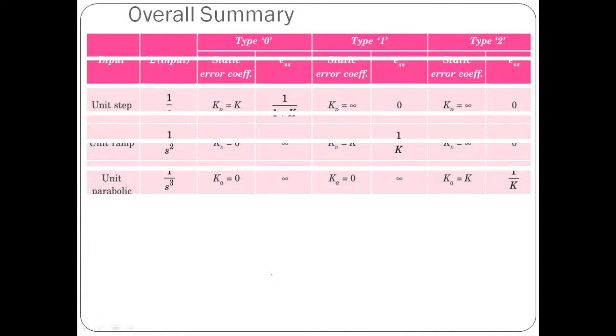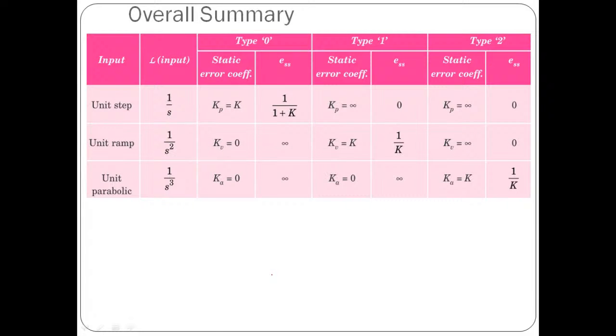So finally, what we conclude is mentioned in this table. This is very important. Whatever cases we have discussed so far are all mentioned in this table. So this table is a summary of what we have discussed so far.